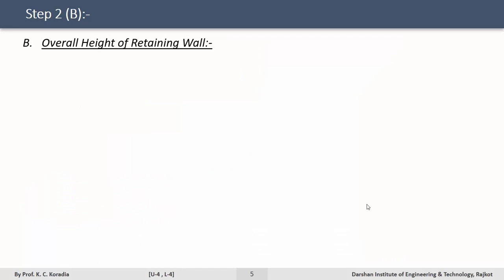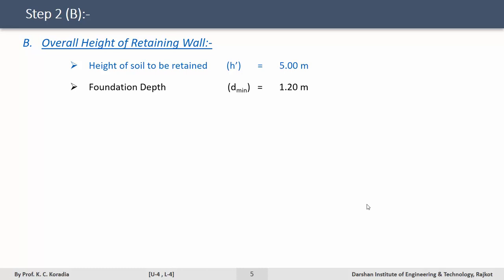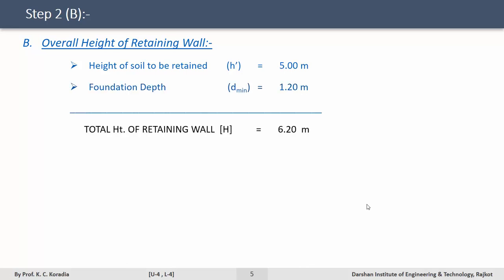Second step is to determine the overall height of retaining wall. Height of soil to be retained as given in the numerical is 5 meter. Foundation depth derived in our previous portion is 1.2 meter.